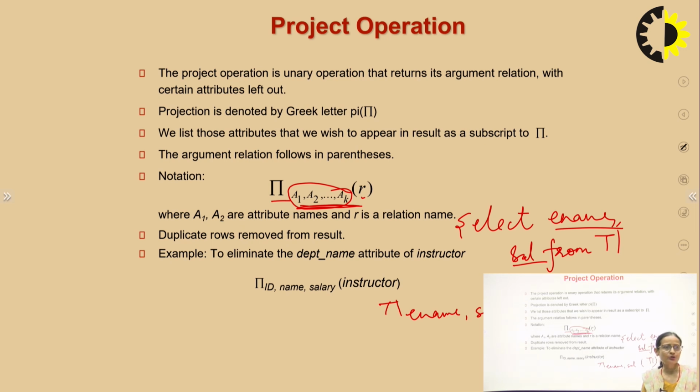It returns its argument relation with certain attributes left out. We list those attributes that we wish to appear in the result as a subscript to pi. An important thing to note is that duplicate rows are removed from the result. If there is any duplicacy, then automatically in the output those rows would be dropped.